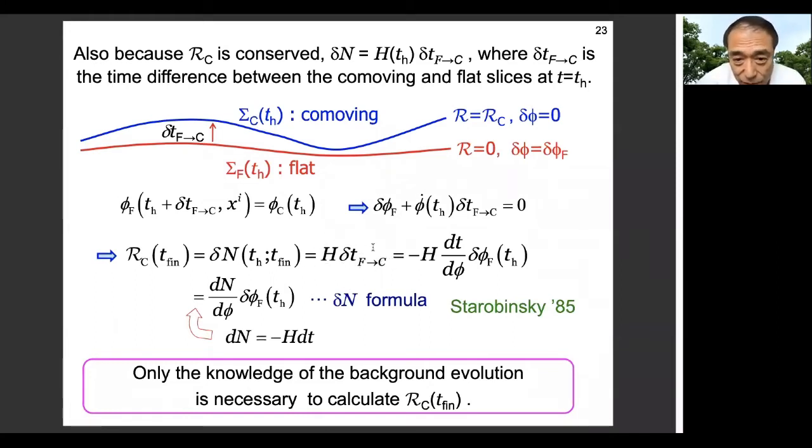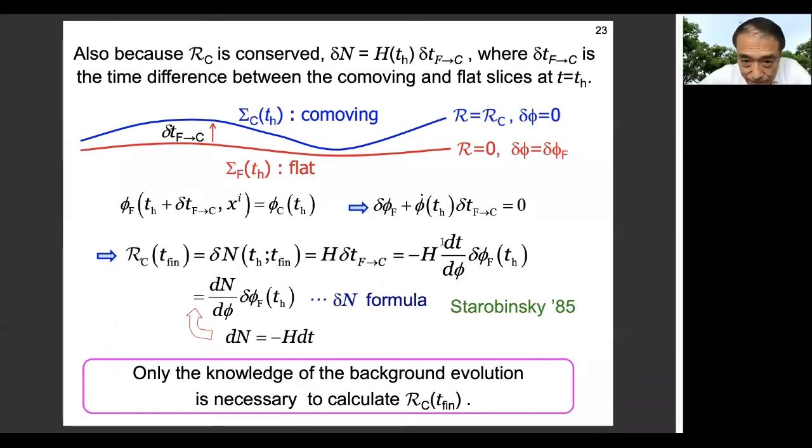But this transformation delta t is given by this equation, and phi dot becomes the denominator, but you rewrite this as dt over d phi, assuming phi is dominating our universe. This is single field slow roll, and phi can be used as a time, as I said. So this uniform phi slice can give you a time slicing.